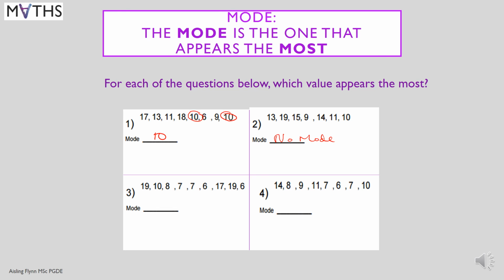And that's quite possible. That would be a disadvantage of using mode. If we look at question 3, we have two 7s, but also we have two 19s. So in this case there are two modes, 7 and 19. So we quote the two of them, and in the last one the only number there that's repeated is 7. So the one that appears the most is the mode.